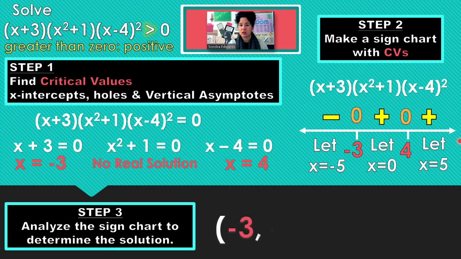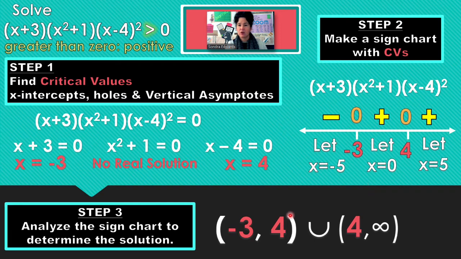So our answer is going to be -3 through 4, parentheses, because -3 and 4 did not render us a positive answer, union, and then not including 4 through infinity. So if we substitute any x value between -3 and 4, or any x value that is bigger than 4 into this original, we are going to get out a positive answer, greater than 0.